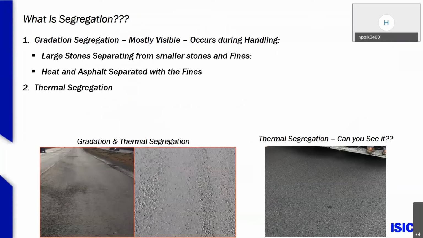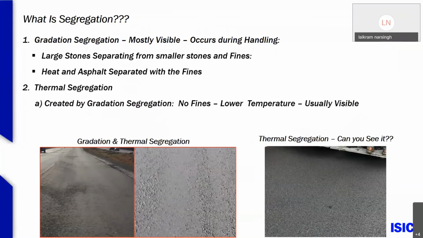Then we have thermal segregation. Thermal segregation could be created by gradation segregation, because if we separate the fines where the heat is, then of course, wherever there is gradation segregation, there will be thermal segregation. Again, that will be visual.